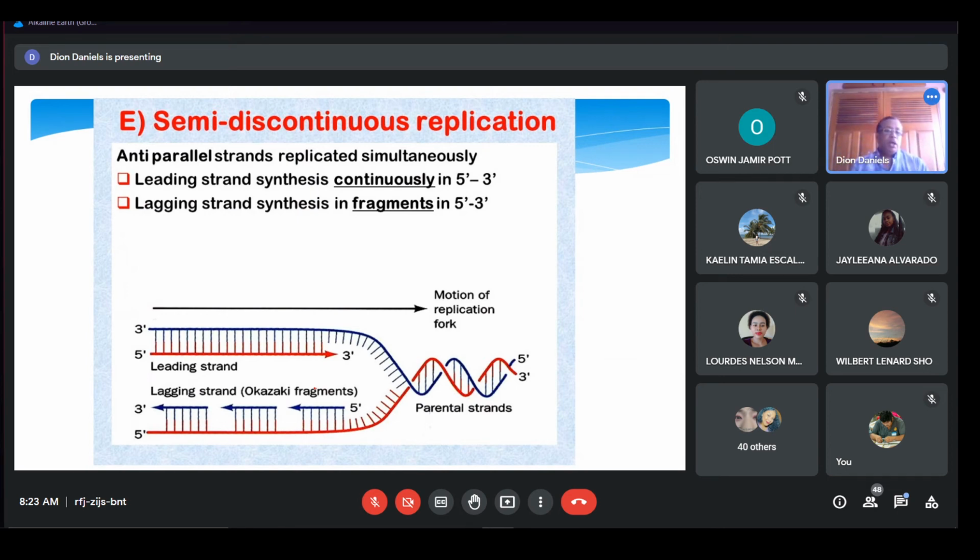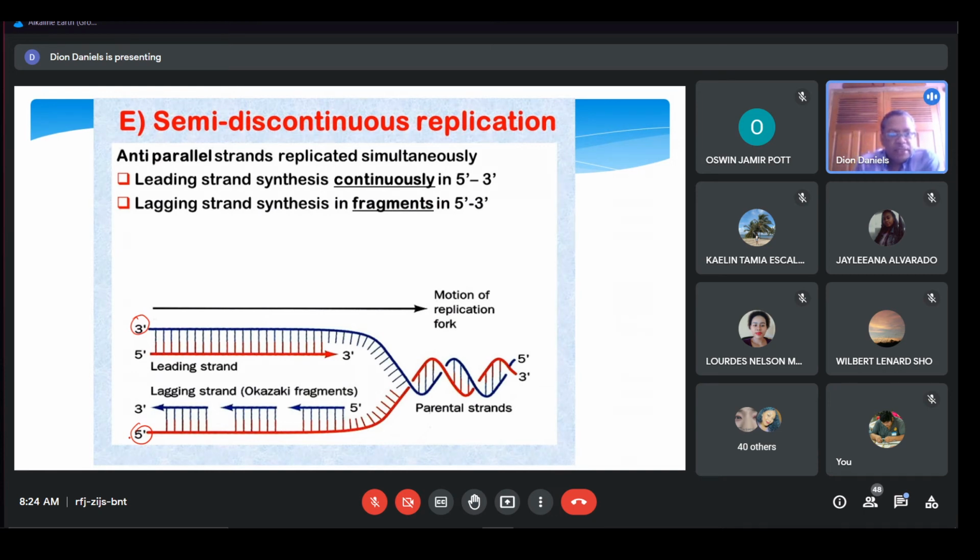It's opposite, and it all has to do with the labeling of these strands used as template to build a complementary strand. What you need to remember at all times is that DNA, and when I say DNA, I'm referring to that complementary strand that is being built, is always built in the 5' to 3' direction.